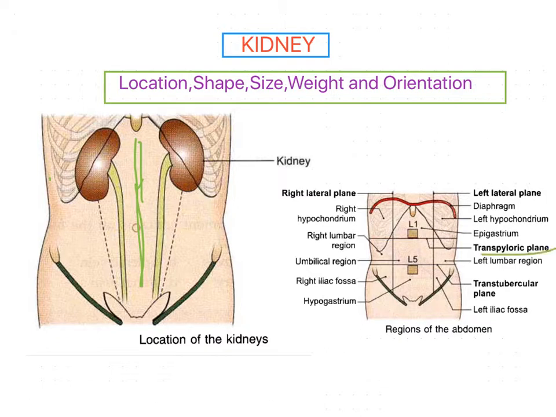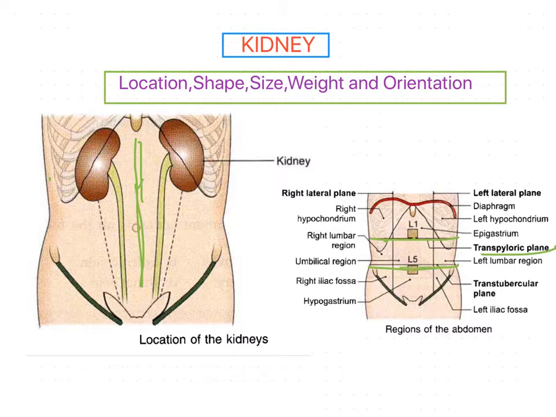The transpyloric plane passes through the tips of the ninth costal cartilage and posteriorly through the body of L1 near its lower border, whereas the other plane, the transtubercular plane, passes through the tubercles of the iliac crest and the body of the L5 vertebra near its upper border.